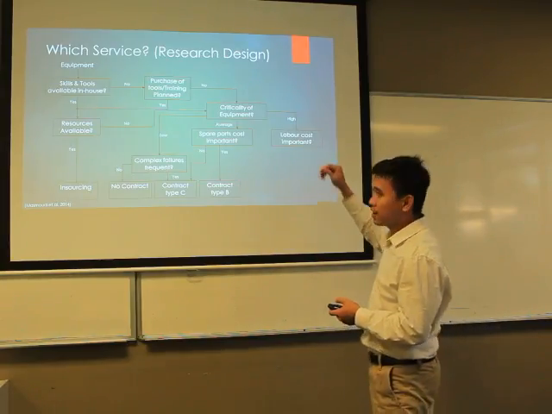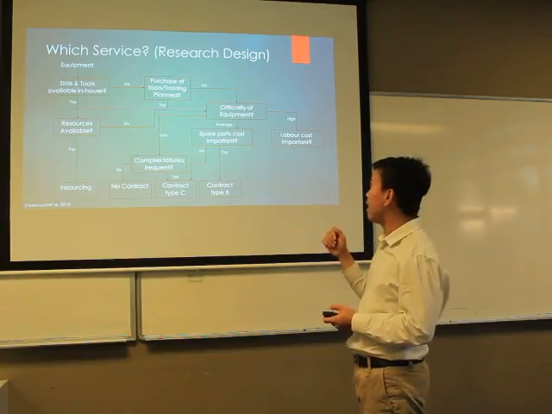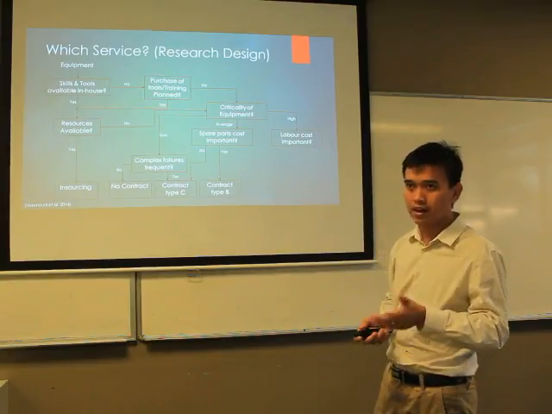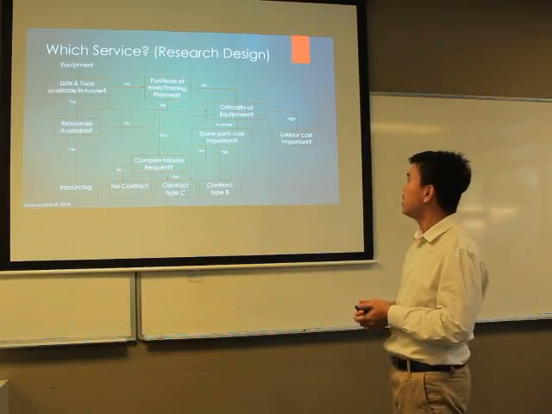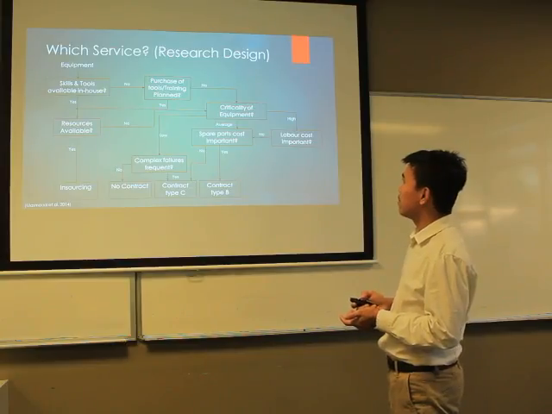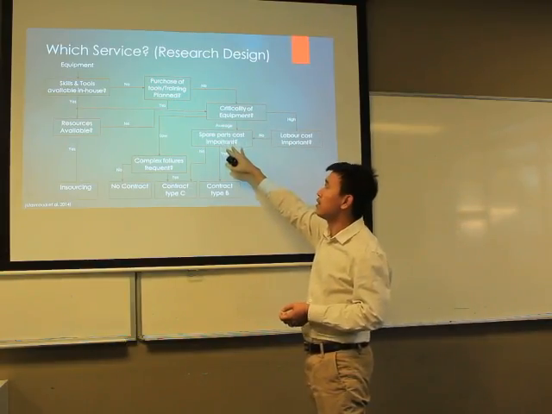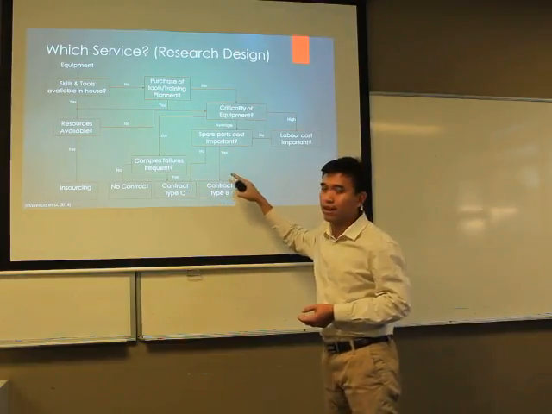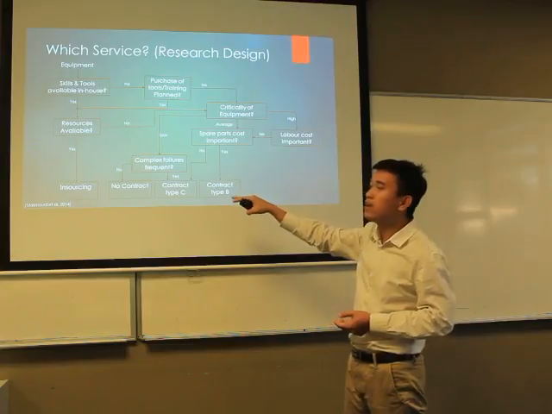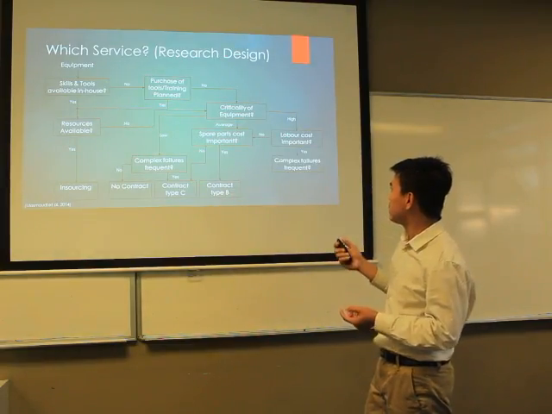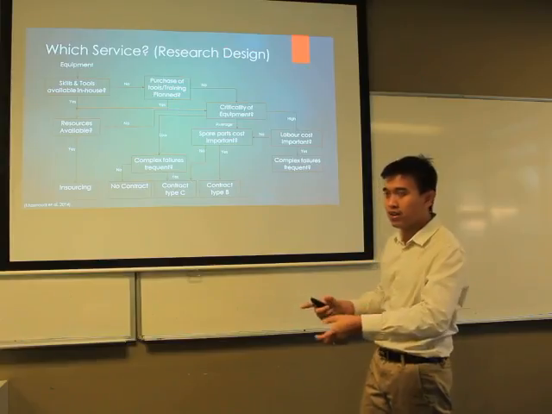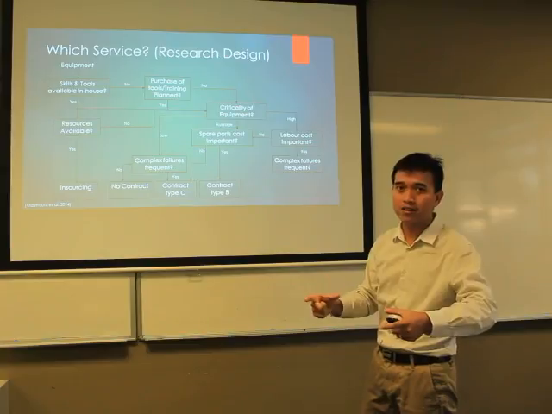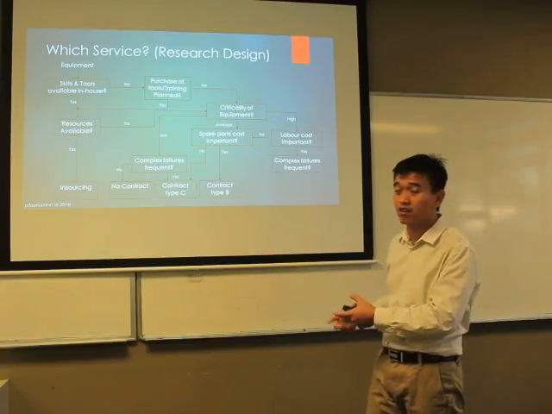If the criticality of the equipment is high, we need to think of the labor cost. Is the labor cost important? If it is no, then it comes back to the spare parts cost, and it will run through this process again to choose type B or type C. If it is yes, then the next question is whether the equipment failure is frequent or not.